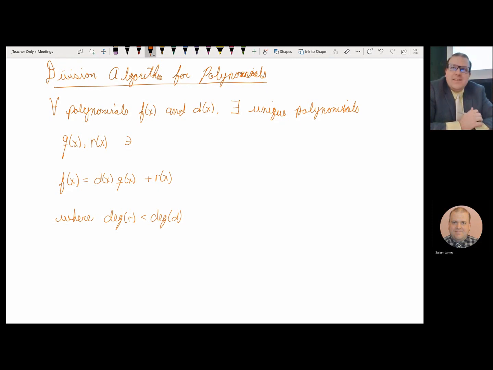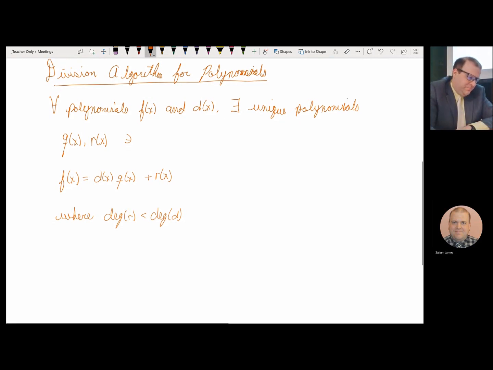Remember that a constant has degree 0. So r can be a constant or a polynomial of degree less than d. R can be a constant. A constant is a polynomial of degree 0.